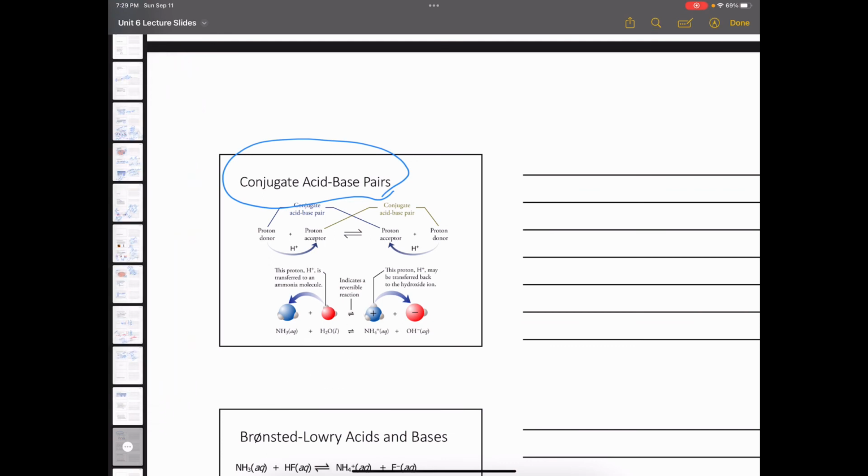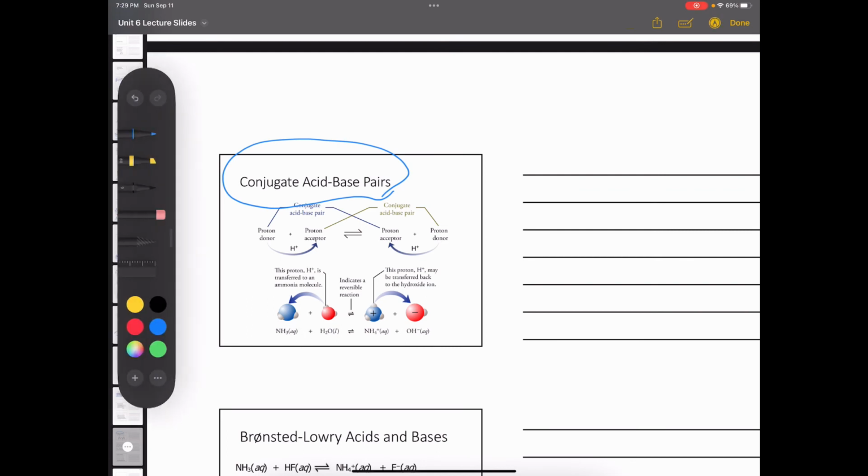If I have a reaction of ammonia, for example, reacting with water, we are tracing the proton to see where it is coming from and where it is going. Where it's coming from is my proton donor, aka the acid. Where the proton is going to is the proton acceptor, also known as the base.